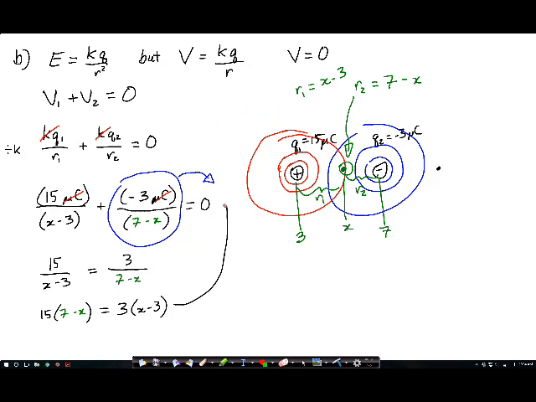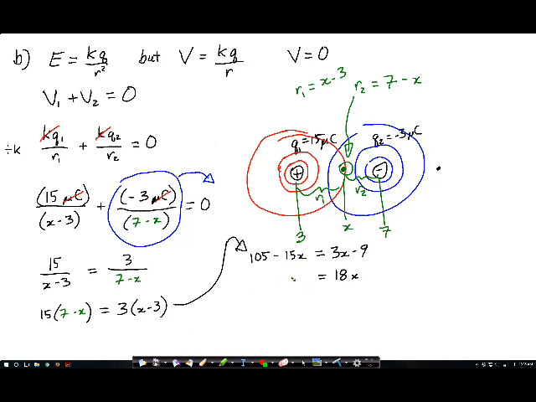Now that I've done this drawing, I'll change how this is set up. So 15 times 7, we would have 105 minus 15x is equal to 3x minus 9. So if I bring the positive x's together, I would bring it over to the right-hand side, and that would give me 18x, because I'd have 15 plus 3.